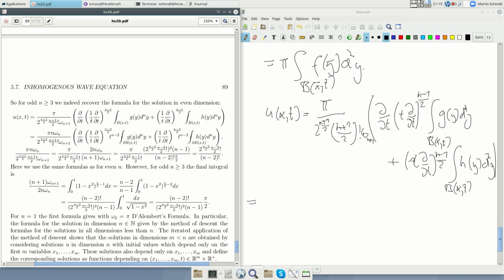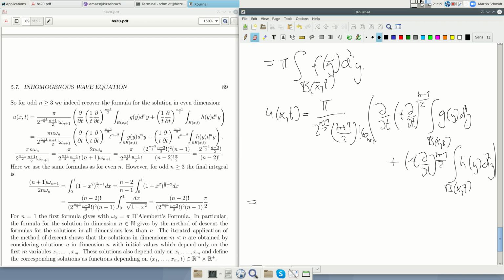Okay, now we take the derivative. So this should be omega n. This should be factorial. Now we calculate this derivative. So this is pi. Here we have this factor n plus 1 half factorial times omega n plus 1, of course.